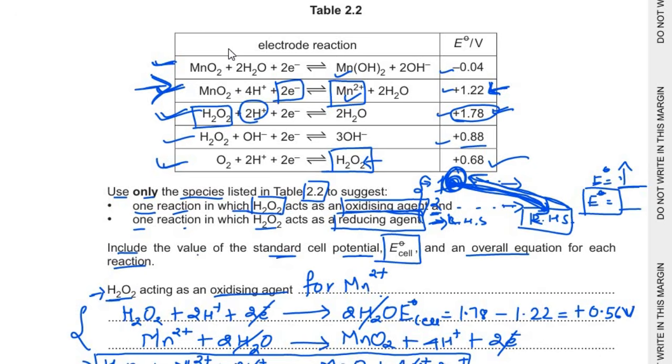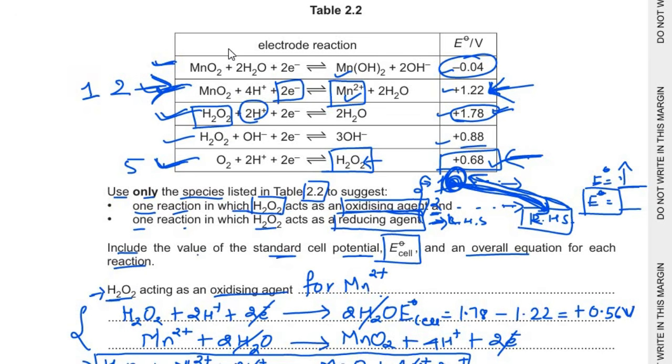Now you need to choose a manganese species that has a higher electrode potential value than 0.68, and that is possible here only in this case because this value is negative. So only these two equations are possible, that is equation 2, and the last one, that is the fifth equation.